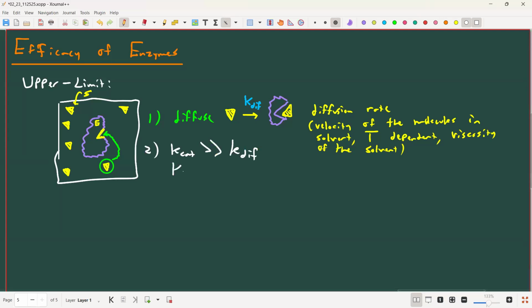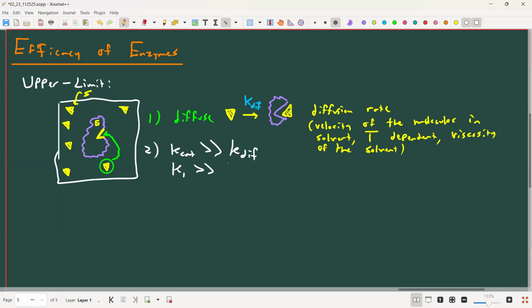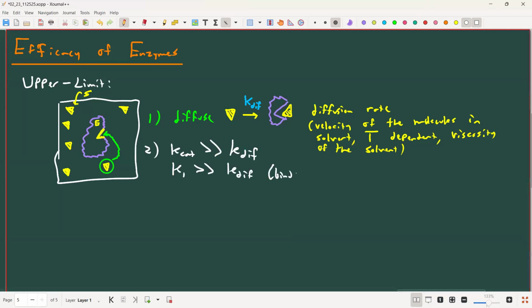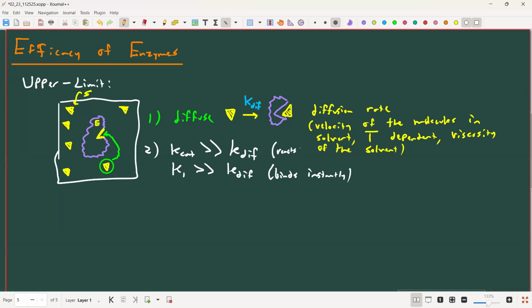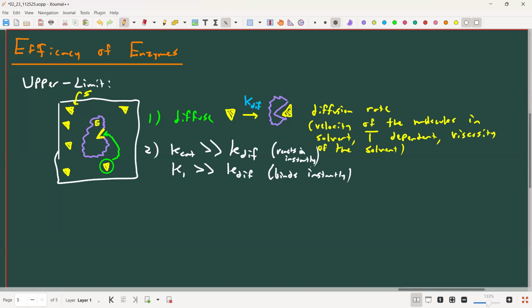And also that K1 is much faster than K diffusion. So what that means is it binds instantly and it reacts instantly. That seems reasonable, right? So you're ultimately limited by how fast things are moving in your liquid.